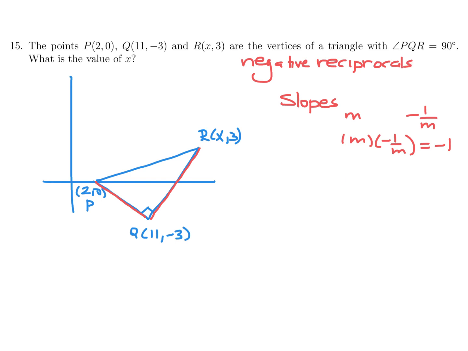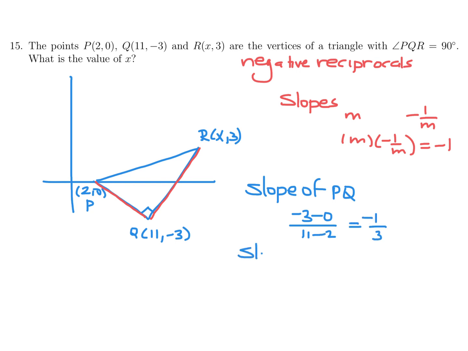Okay, so let's figure out the slope of the first line. So PQ, slope of PQ. That would be minus 3 minus 0 over 11 minus 2, and that's going to be negative 1/3.